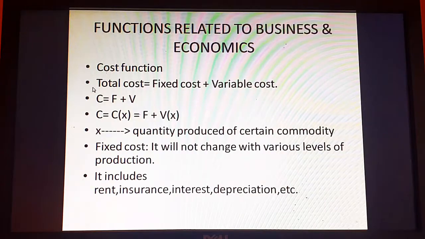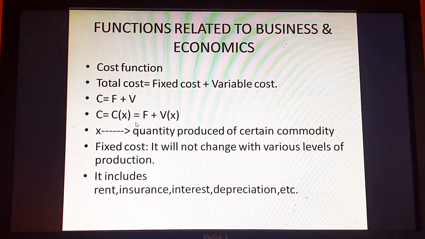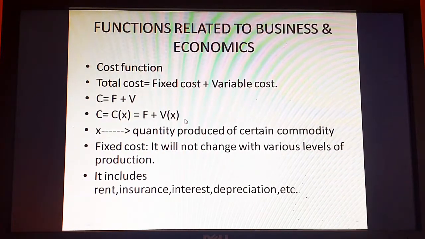So the cost function formula is fixed cost plus variable cost. C stands for cost function, or you can say C of x, which is equal to F plus V of x, where F is your fixed cost and V of x is your variable cost.